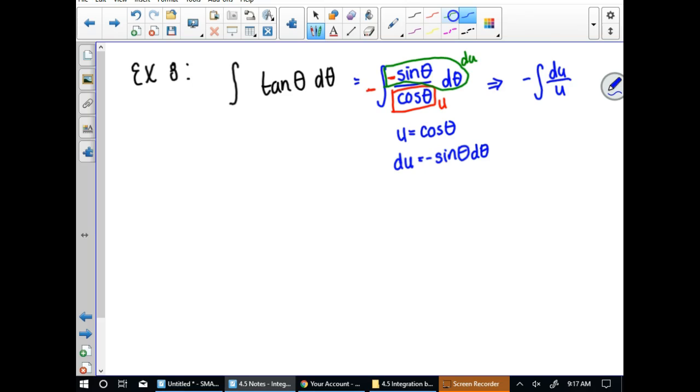We've got to integrate 1 over u. What do you get when you integrate 1 over u? Natural log. So we've got negative natural log of the absolute value of u plus c. And so we're going to get negative natural log of the absolute value of cosine theta plus c.